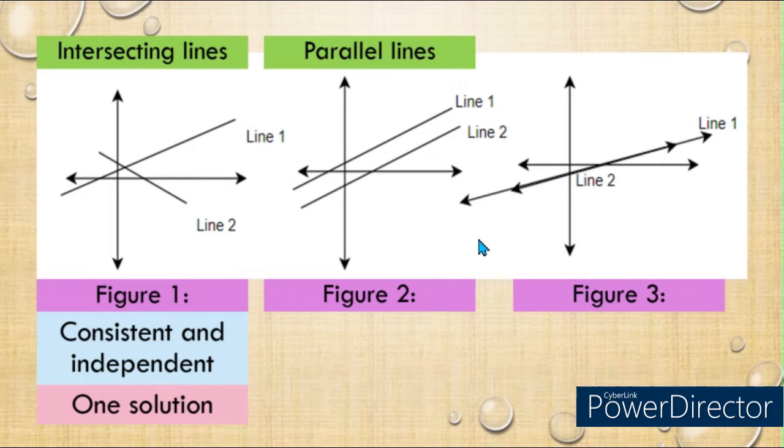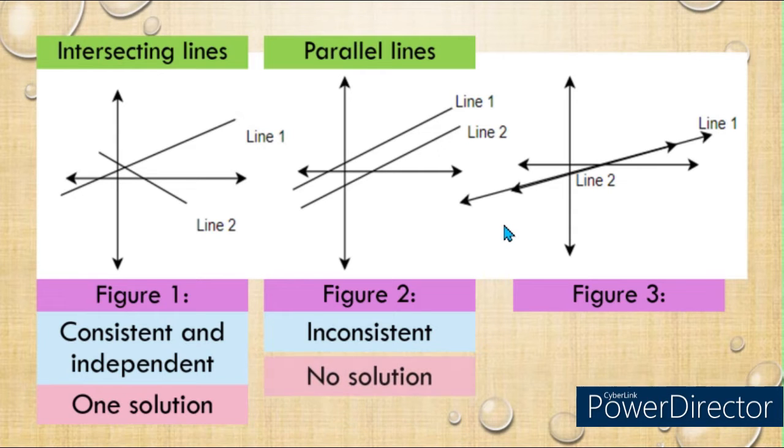If a system of equations has no solution, we call it inconsistent. So if I'm going to ask you, what do you call the system of linear equations that has no solution? You're going to answer inconsistent.